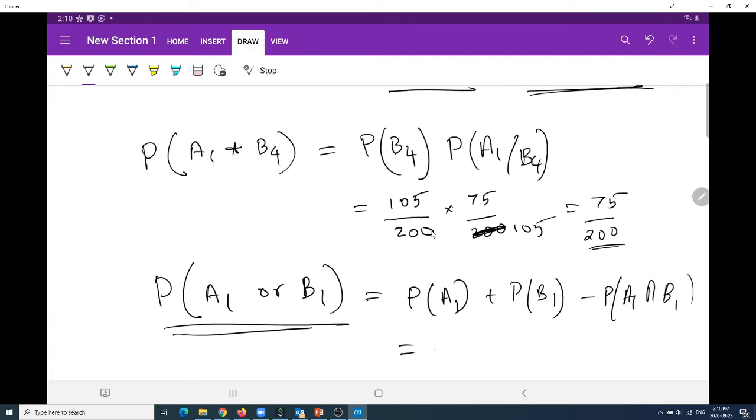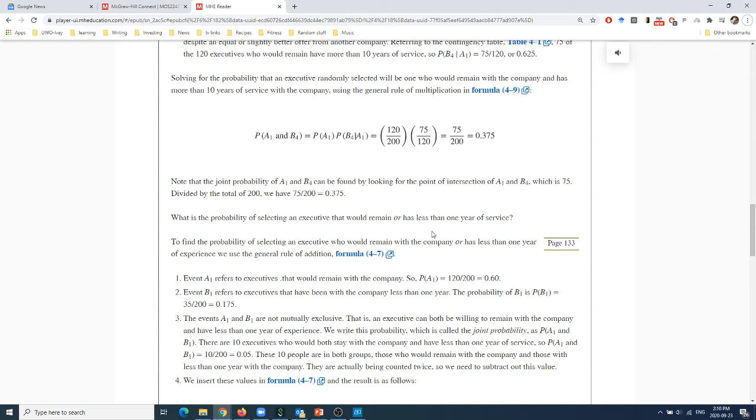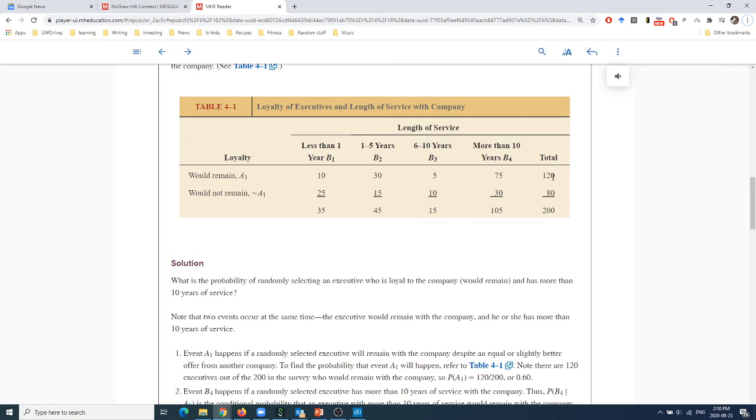And the probability of A1 is 120 divided by 200. Probability of B1 is 35 divided by 200, minus the intersection between them, which is 10 divided by 200.